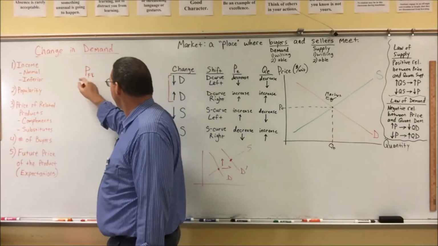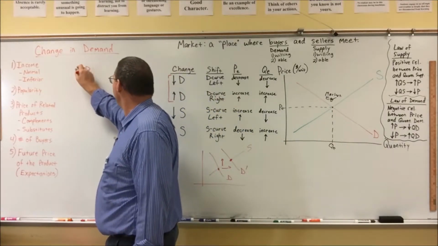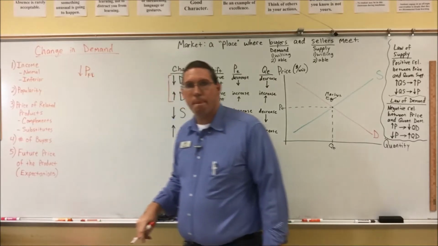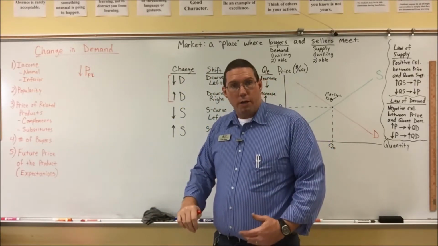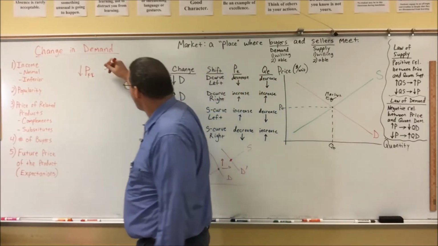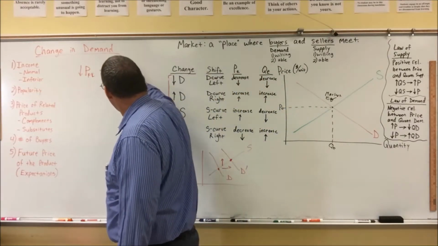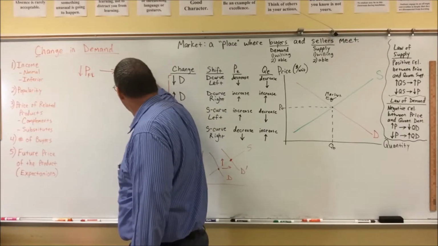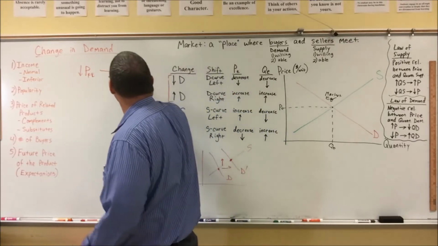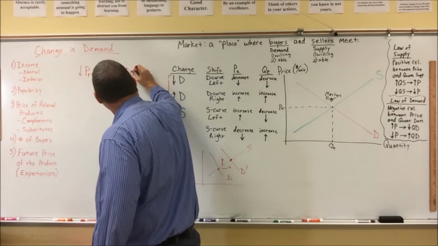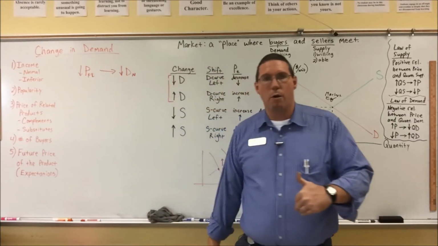If you expect that the price in the future is going to go down, then that means you're going to step out of the market and be less willing to buy. So that's going to be a decrease in demand. That's going to be a decrease in demand right now.